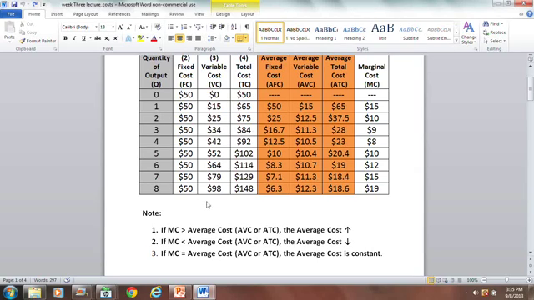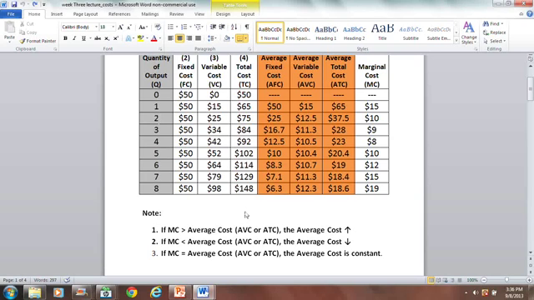The variable costs, I see the variable costs generally are going up. They increase as we produce more output because we need more workers. So the variable costs are getting larger as the output increases. It should be kind of upward sloping. The total cost, notice the difference between the total cost number and the variable cost number is always the amount of the fixed cost.